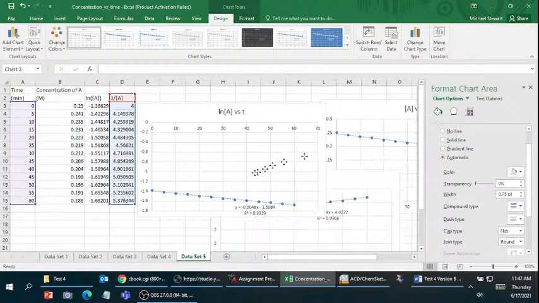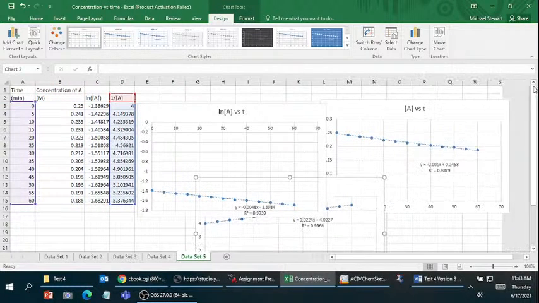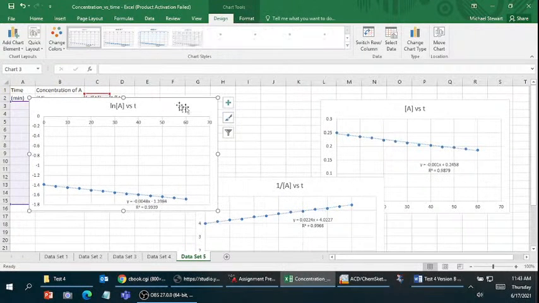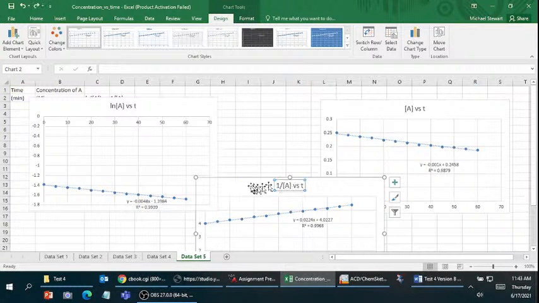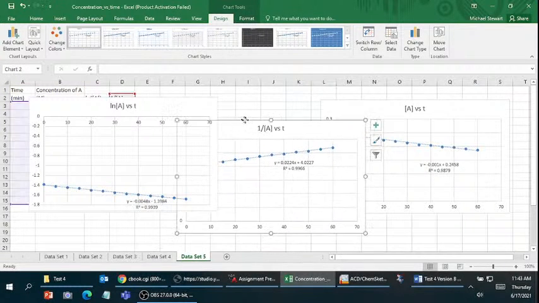I know it's going to be a little hard to see on your end: concentration versus time, the natural log of concentration versus time, and 1 over the concentration versus time. So in these, you are given concentrations and you're trying to create these plots.